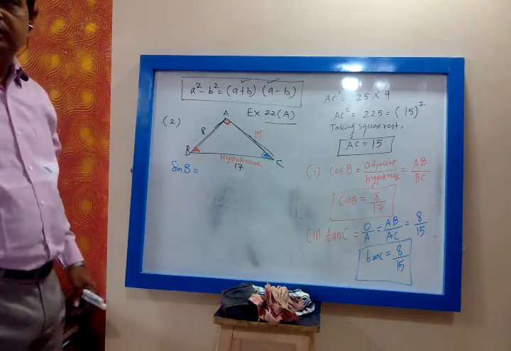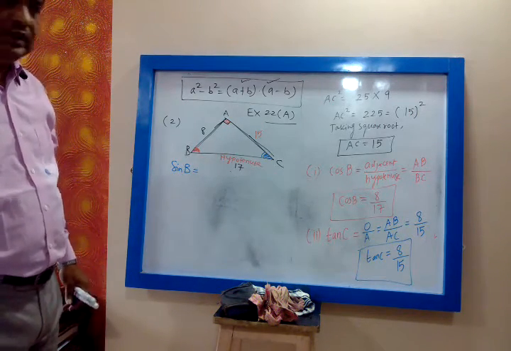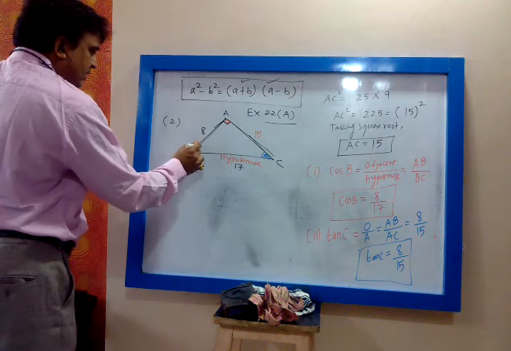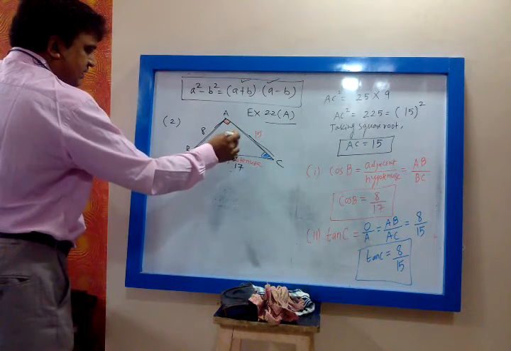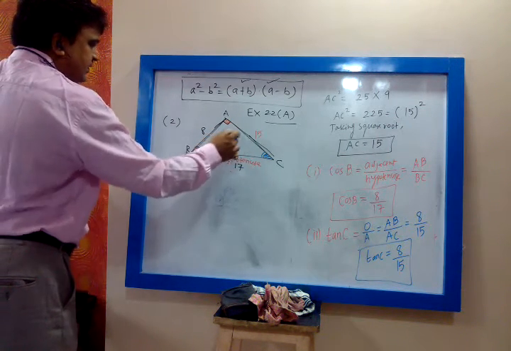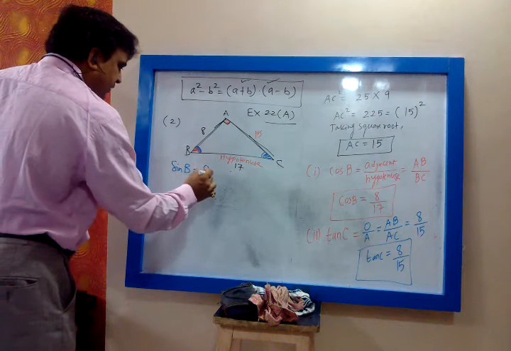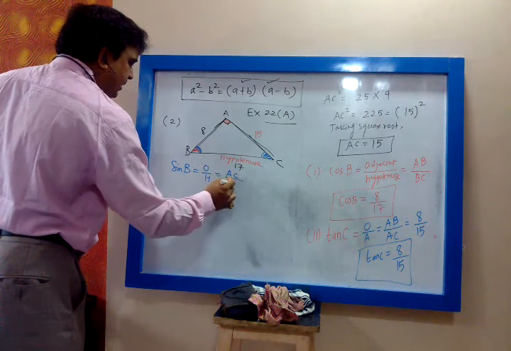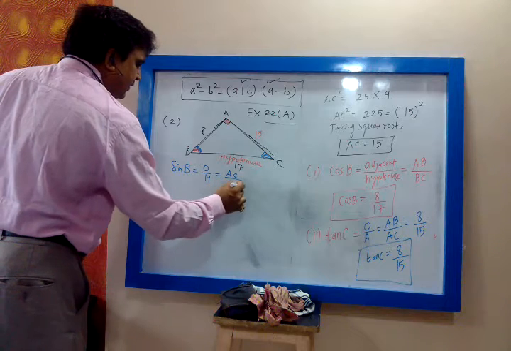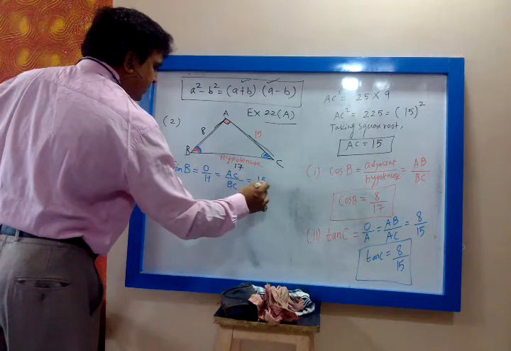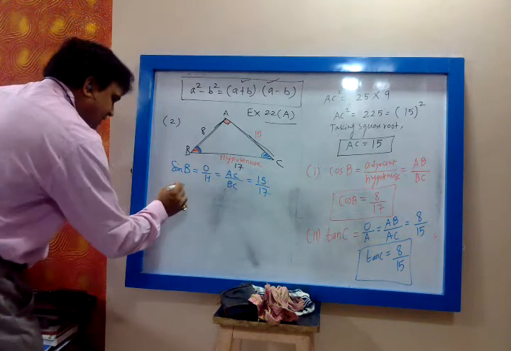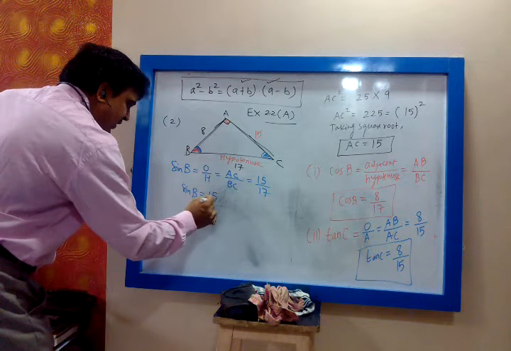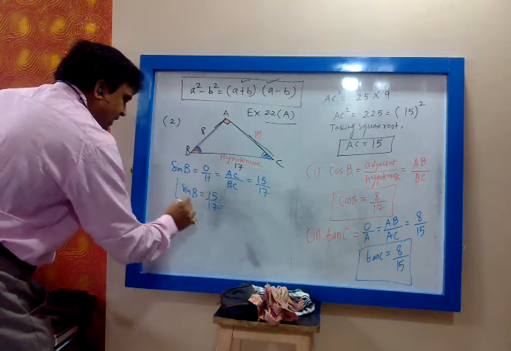Tell me. Opposite upon hypotenuse. Opposite is AC upon hypotenuse is BC. So that is 15 upon 17. Sin B is 15 upon 17. Correct?